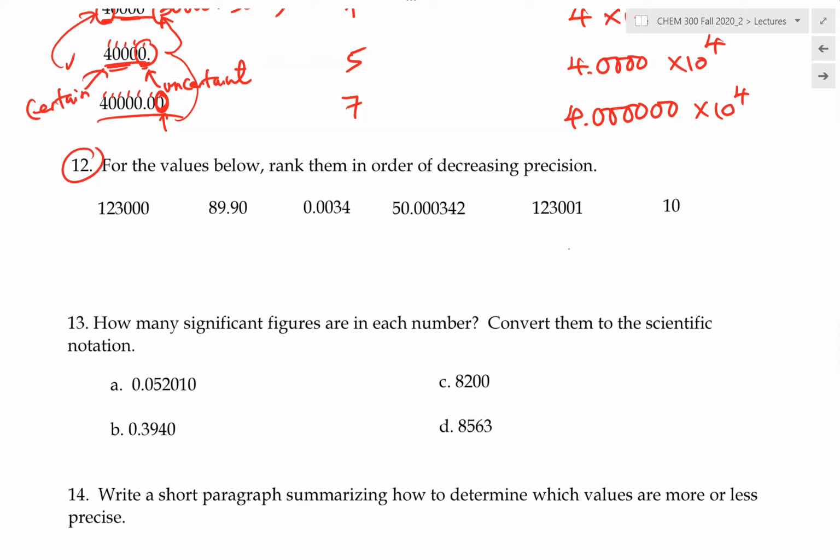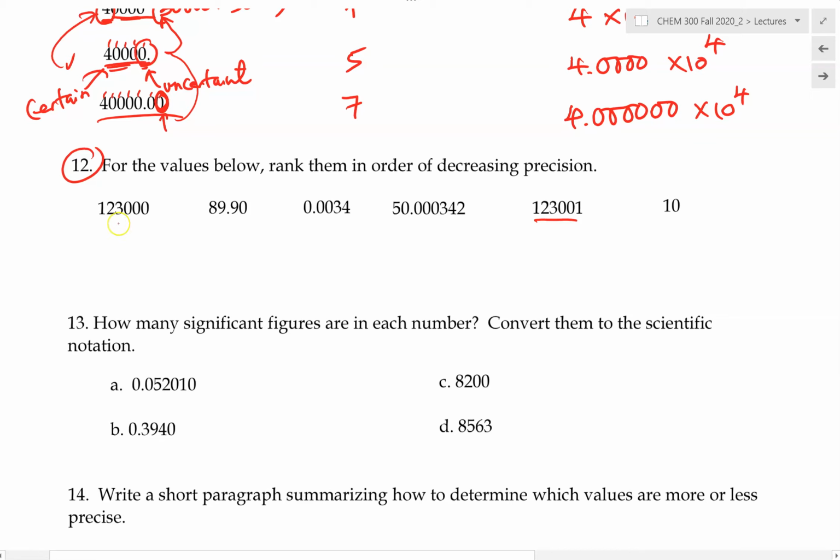So in this case, when we look at all of these values, you can see that these two values are really big, right? But how big or how small it is has very little to do with its precision. Okay, so now we need to underline how many sig figs each value has and take notice of the digit that is uncertain.